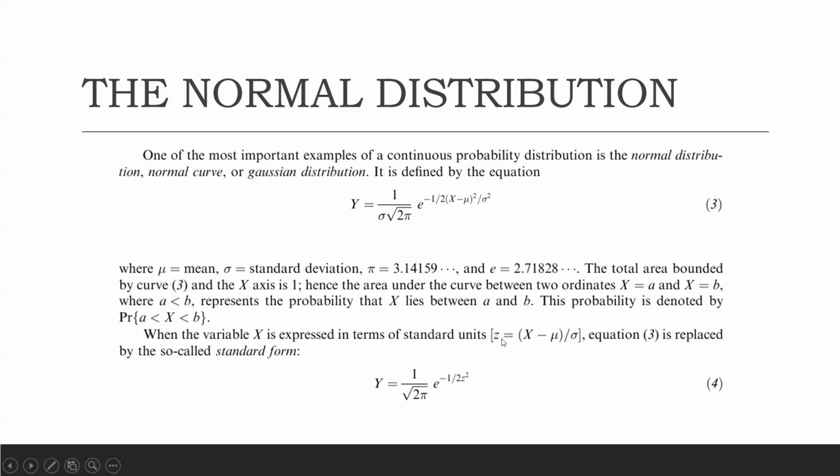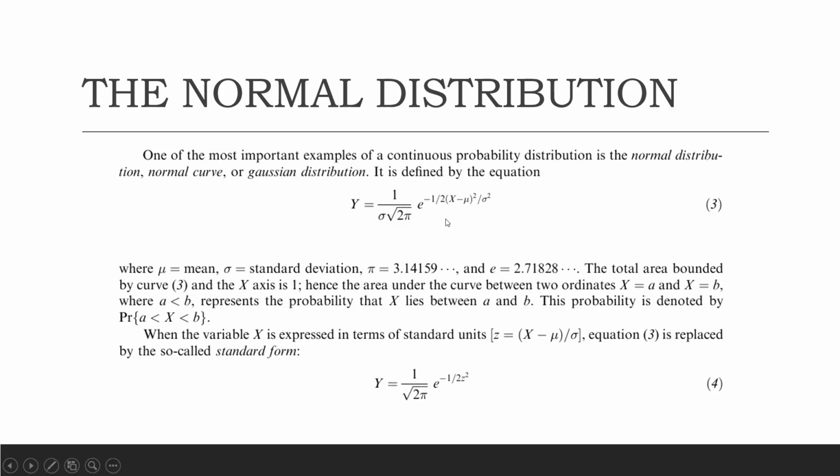This formula is very complex, so you can simplify it by dividing that part by a single variable. In this chapter, we define this part as z. Then we can represent this as z squared. This is the simplified version of this equation.